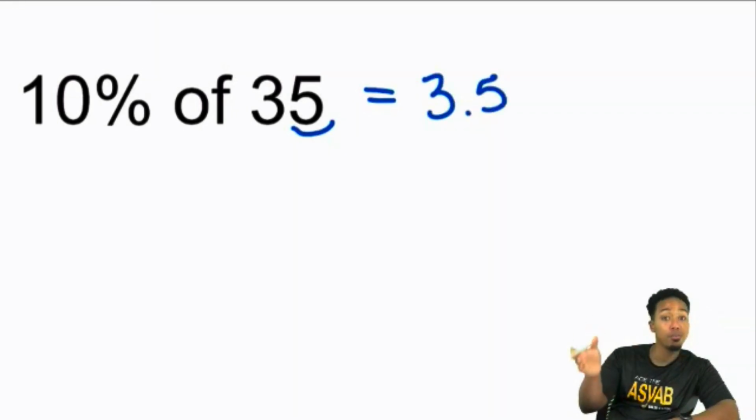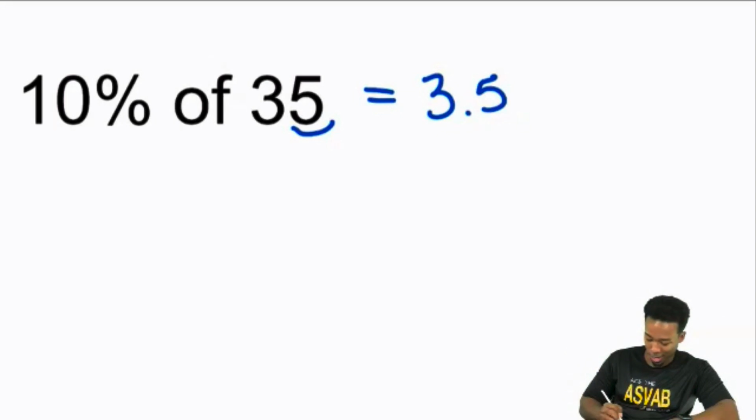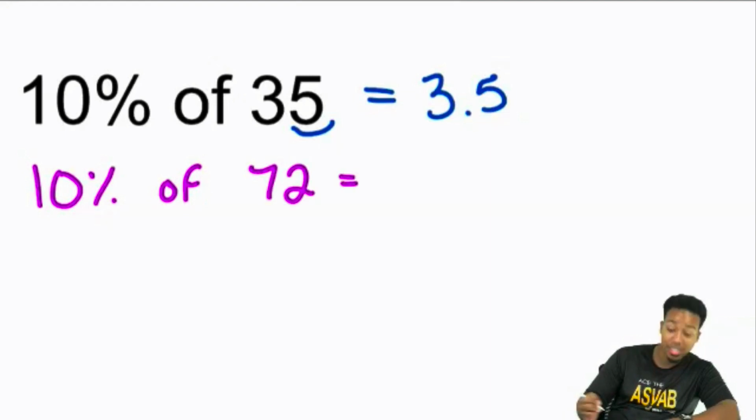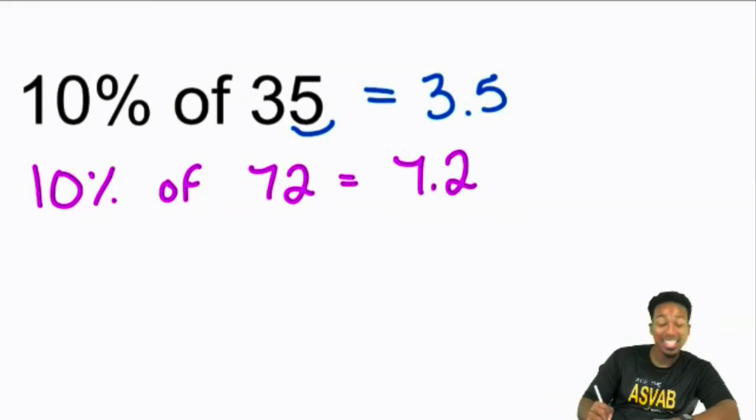Let me give you a few more examples so you can write this down. If I said 10% of 72, that's going to be 7.2, because again, 10% is the same as dividing by 10.